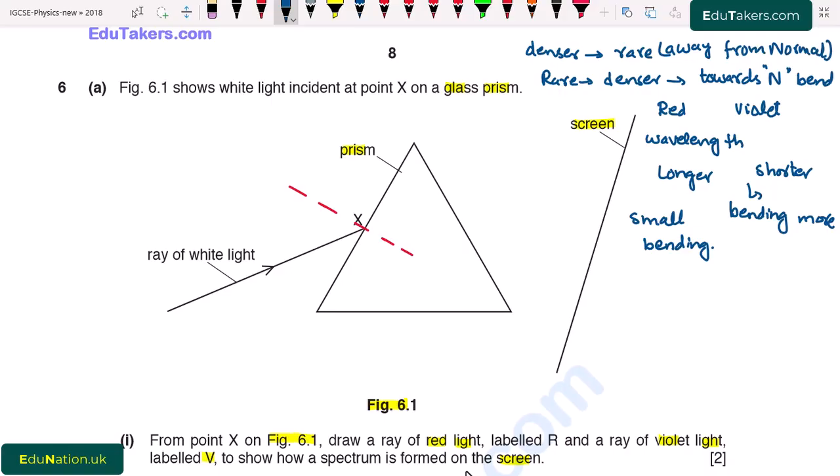So in this case, we can see that the ray of white light is coming from rare to denser medium. So the ray inside the prism will bend towards the normal. So I will draw its path.